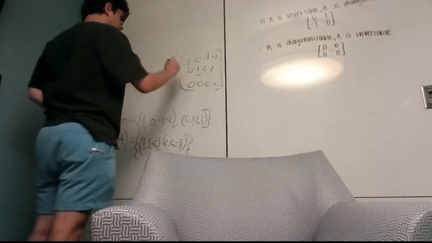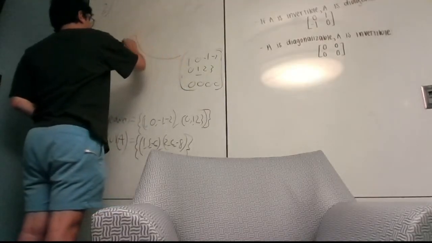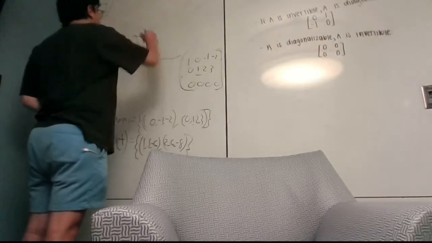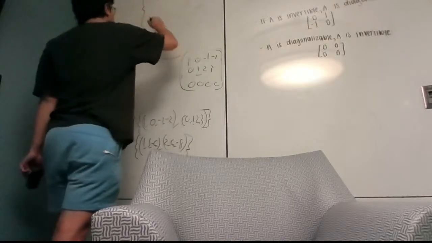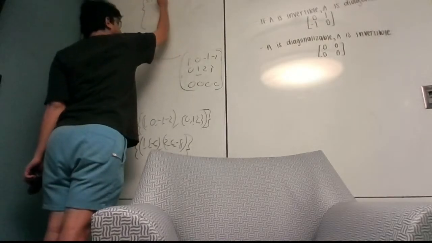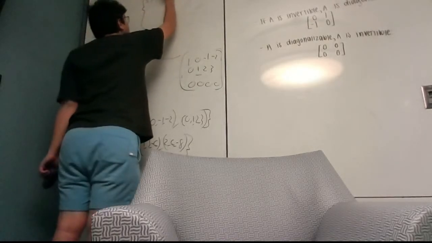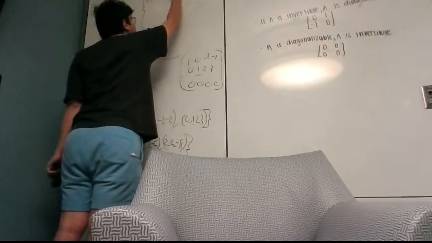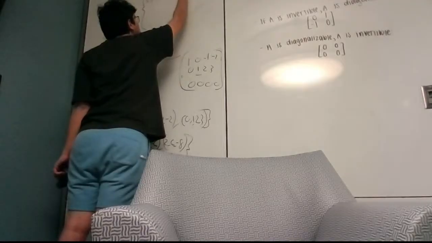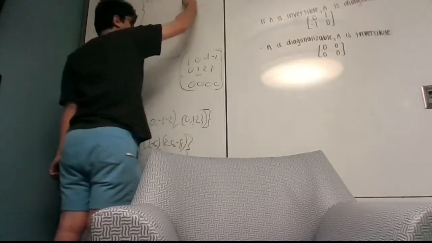So now that we have this, we can convert this into a linear system where we want to solve for the values of x equal to 0.